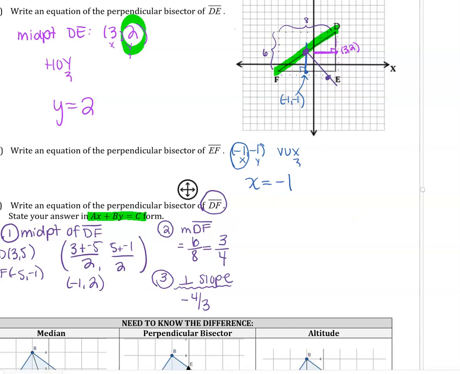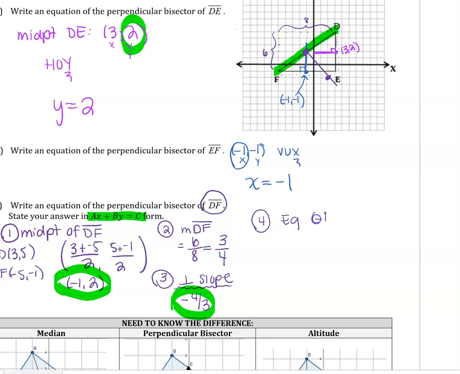Okay, so now here's the good news. We have everything we need. I have a slope, and I do have a point that I know is on this, which is the midpoint of DF. So there's my slope, there's my point, so I just got to plug it into point slope form. So it's step 4. I'm doing, again, the equation, but through the point -1, 2, because I know it has to go through that midpoint.